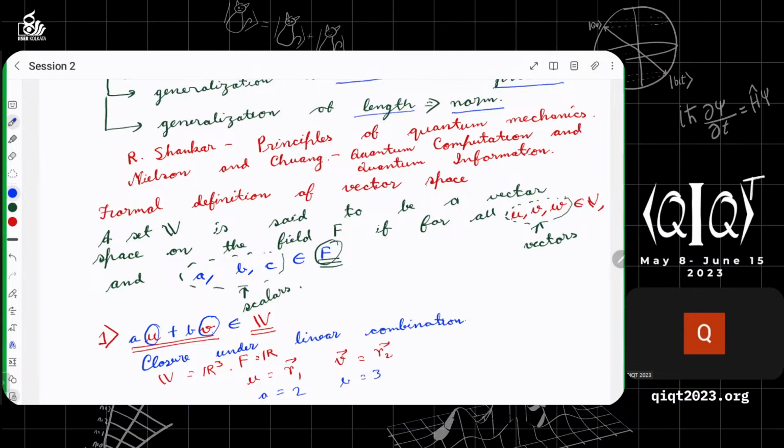If you take aU plus bV, what we will get is 2 r1 vector plus 3 r2 vector, which will again be a vector in the real space. So this is one condition that has to be satisfied by the vectors and elements of the corresponding field.